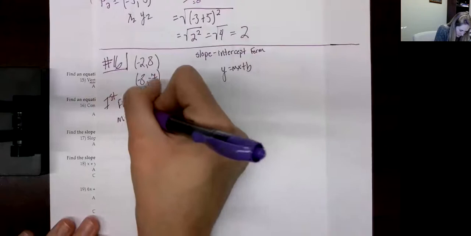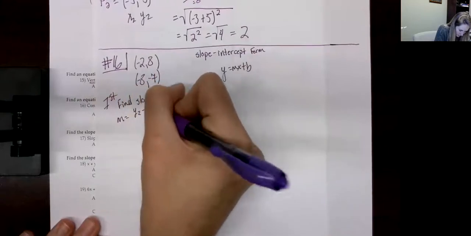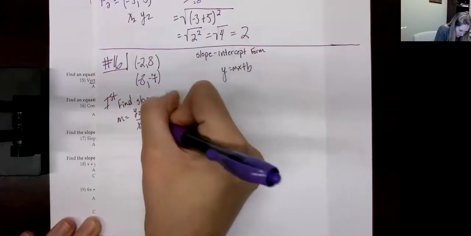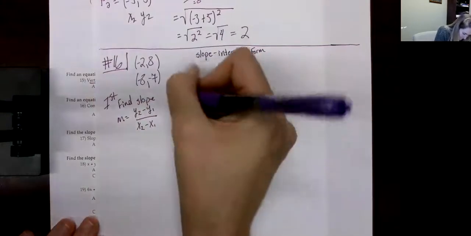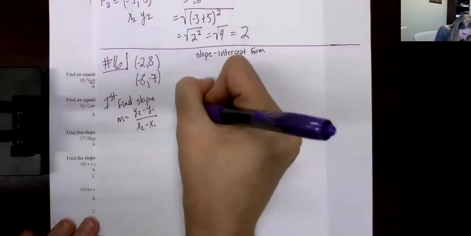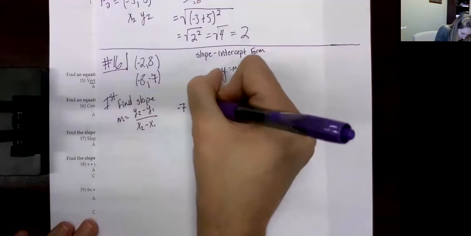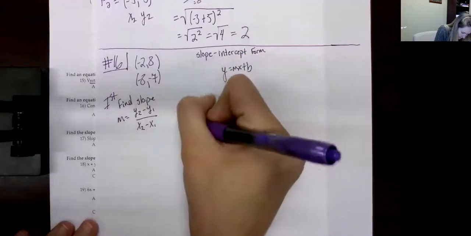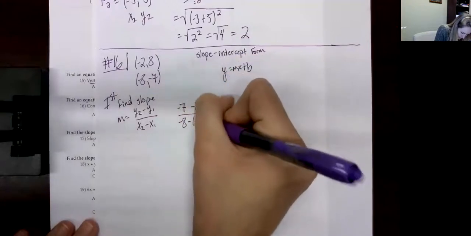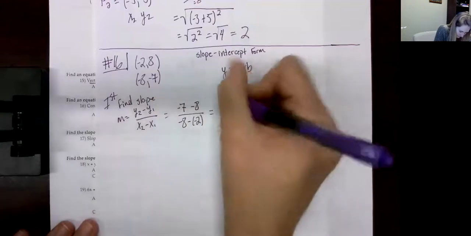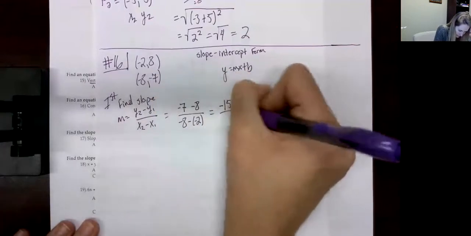So m equals y2 subtract y1 over x2 subtract x1. So I have negative 7 subtract 8 over negative 8 subtract negative 2. That would give me a negative 15 on the top.